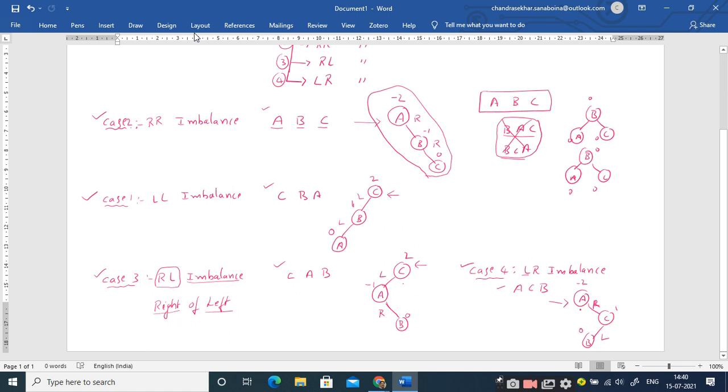Everything we will discuss. Is it clear up to this point? So 2 important points I have given you at this point. One is, for imbalances you should always consider 3 nodes only. This is the first important point. And the second important point, what is that I have told?